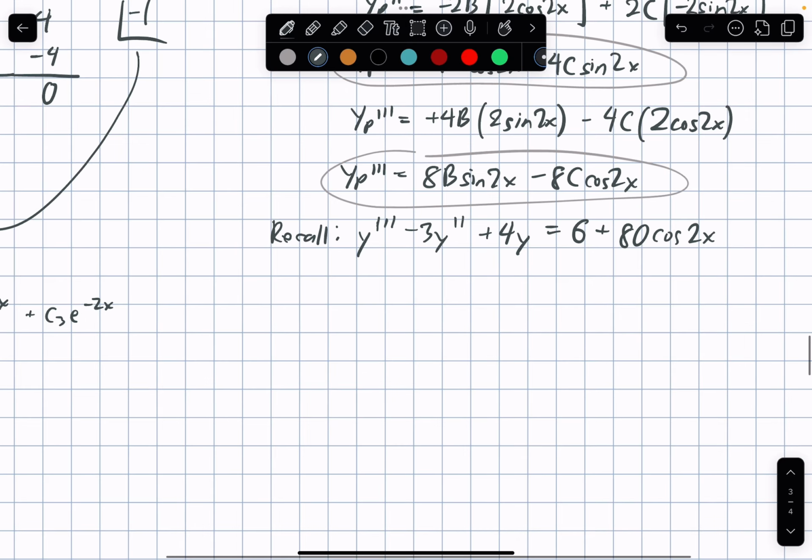Let's now substitute 8b sine 2x minus 8c cosine 2x.